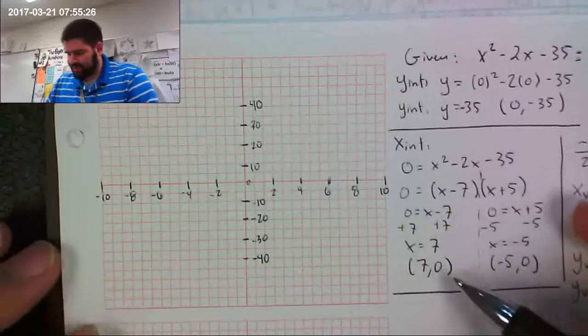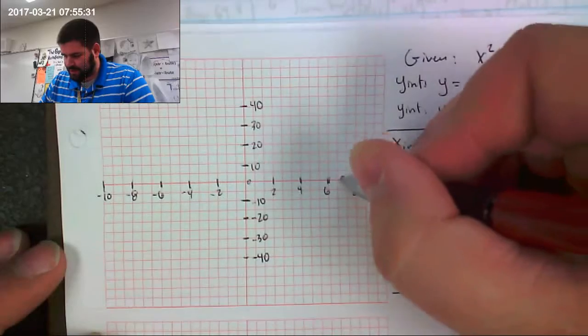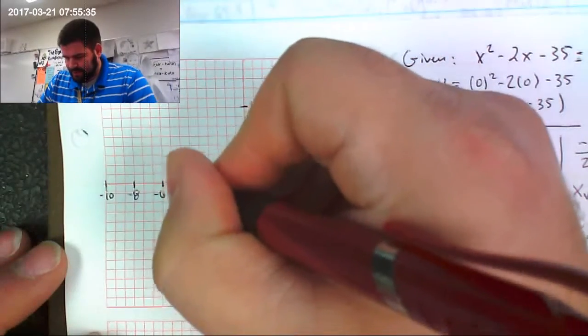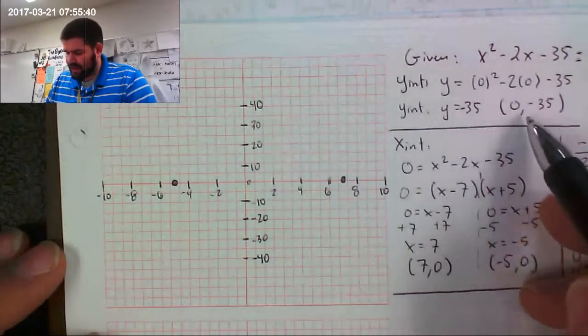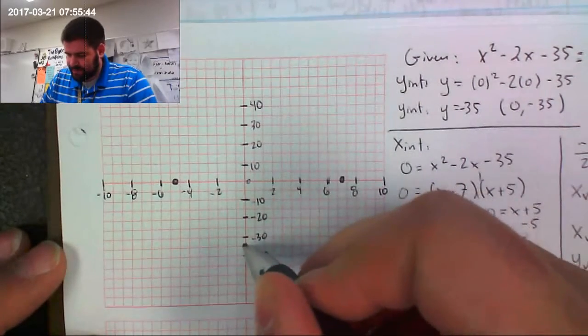So I'm going to plot the first ordered pair at 7, 0 for the x-intercept, and that's about here. Negative 5 and 0, it's about there. Okay. Now the y-intercept is 0 and negative 35. That's here.